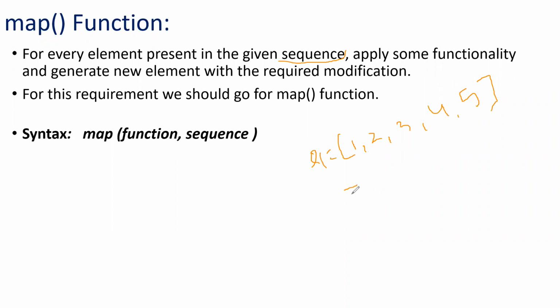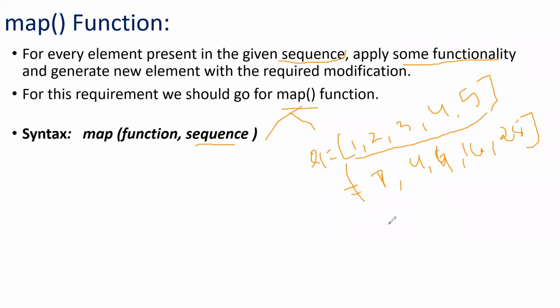I want to print 1 square is 1, 2 square 4, 3 square 9, 4 square 16, 5 square 25. I want to print like that. Means we need to apply some functionality for each and every element present in that sequence. Then we can go for map. Mapping means assigning some functionality for every element present in the sequence.